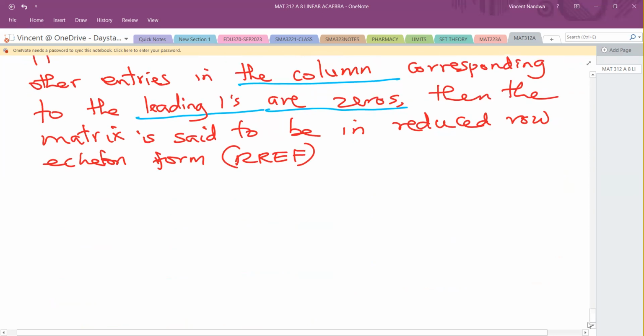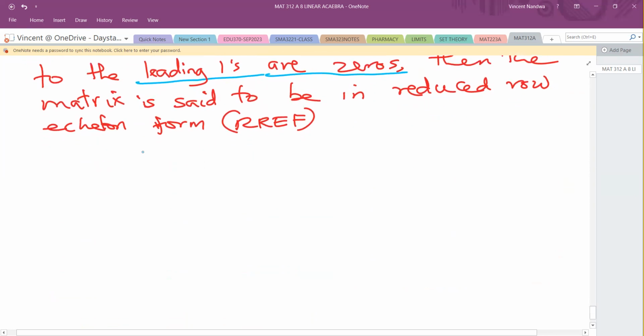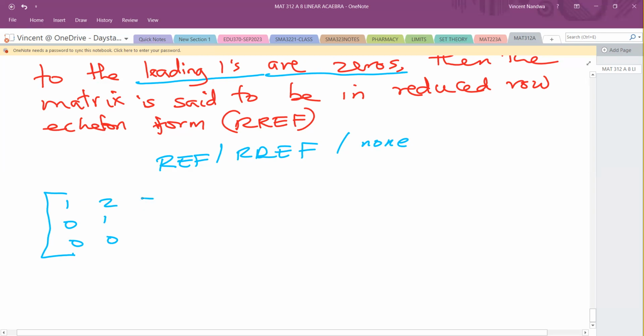So then I'll say classify the following as row echelon form or reduced row echelon form or none. So consider this matrix: 1, 0, 0, 2, 1, 0, -1, 0, 1, 4, 3, -2.